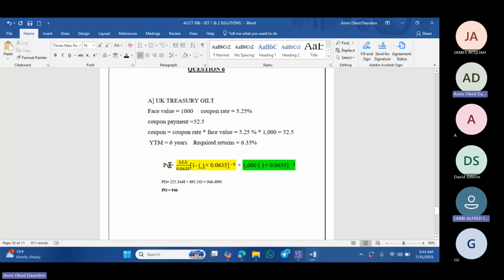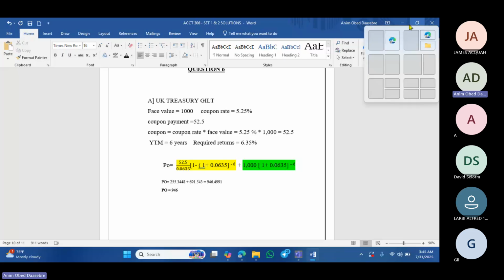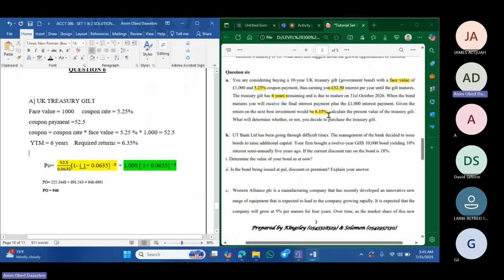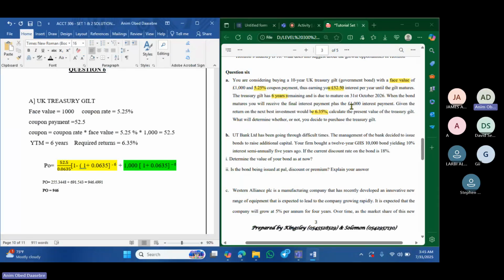The question is around finding the bond price, and for the bond price, we use the coupon.